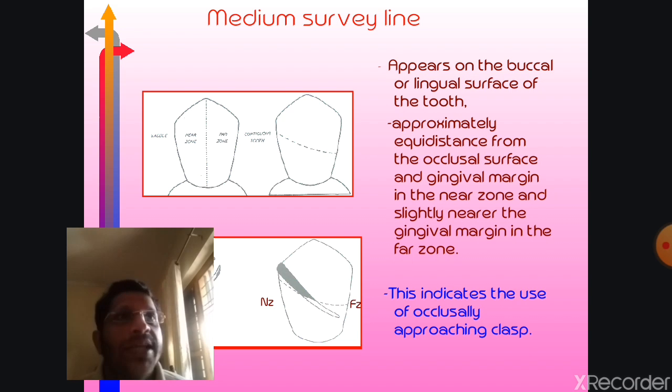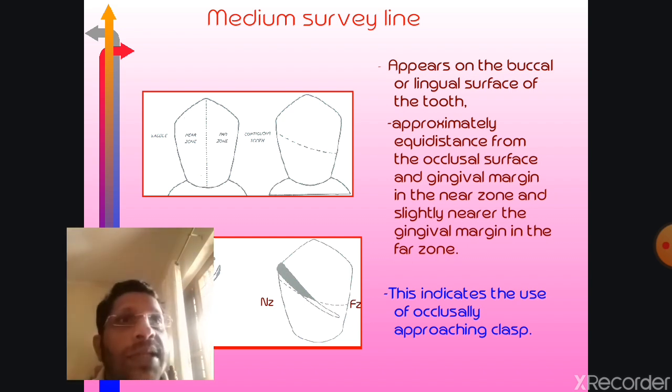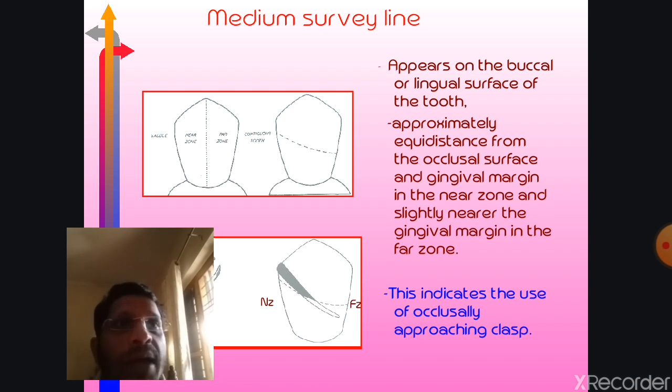It can appear on both sides, wherein we have seen that for high survey line it was the buccal surface of maxillary molars and lingual surfaces of mandibular molars. Here it can appear on either surface. There is no particular position for medium survey line, and it is equidistant from the occlusal surface and gingival margin in the near zone and slightly nearer the gingival margin in the far zone.